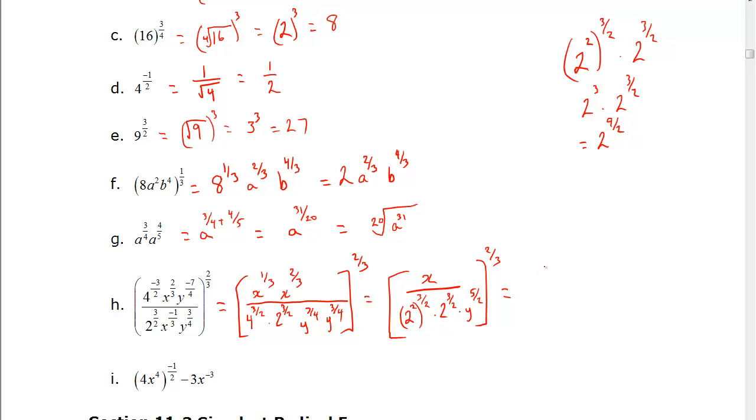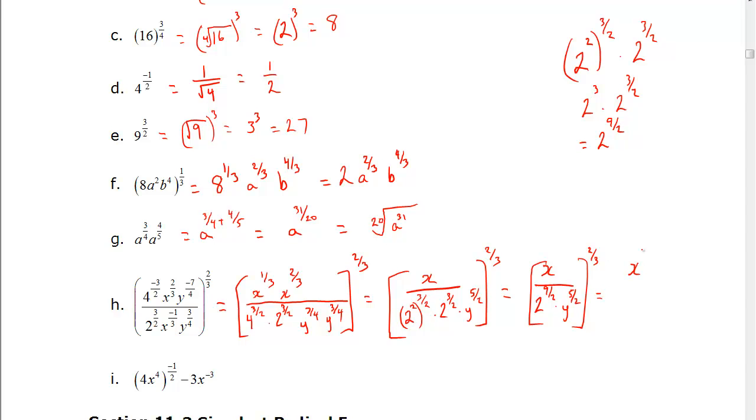So now we have x over 2 to the 9 over 2 times y to the 5 over 2, all to the power of 2 over 3. So now we have to deal with the 2 over 3. So we multiply each of the exponents here by 2 over 3, and that will give us our final answer.